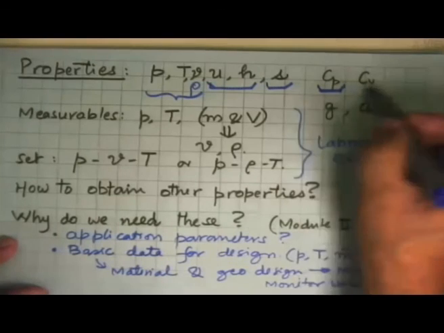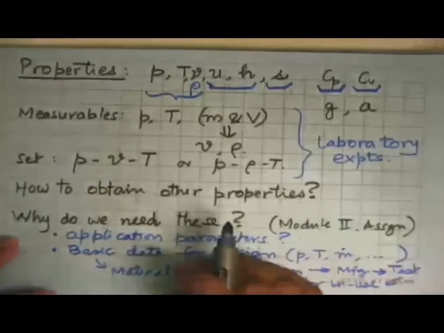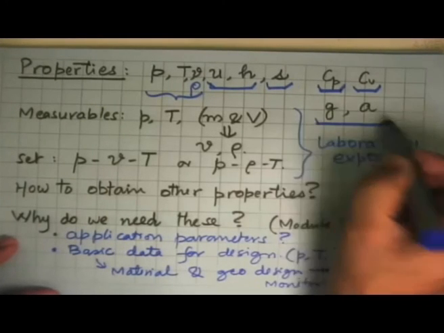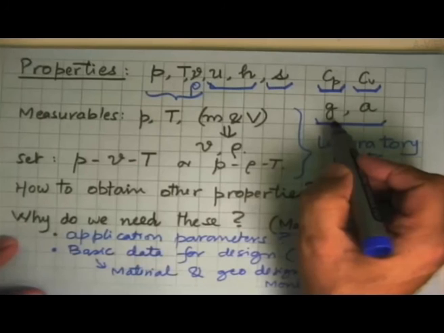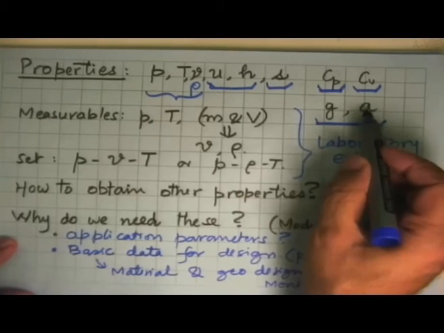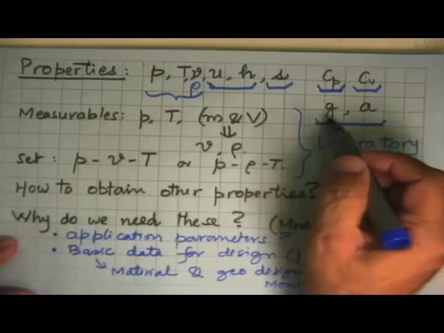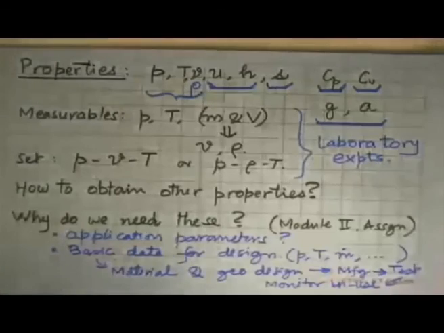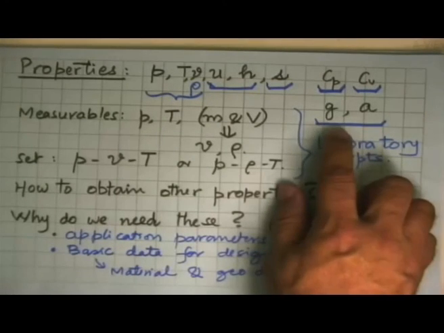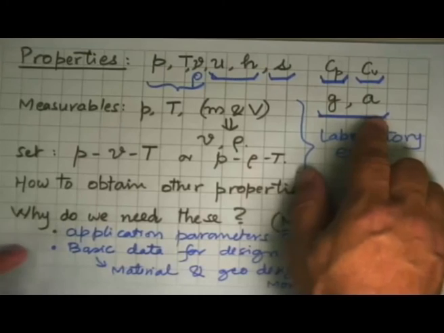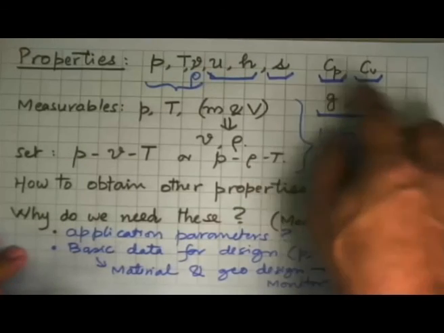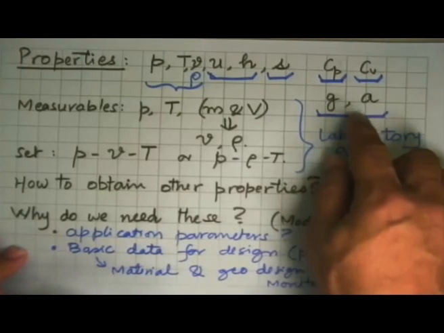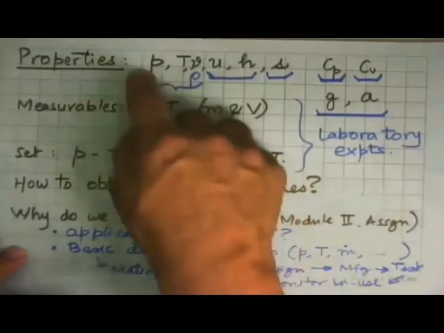One is specific heat at constant pressure, the other is specific heat at constant volume, and we'll briefly introduce two more properties. One is small g, which is called Gibbs energy, the specific Gibbs energy, and small a, the specific Helmholtz energy. So this will complete all the properties that we require, and the reason for introducing these two is that property relations, the way they evolve, they actually start off from here in one sense, in a mathematical way, and give us equations by which we can calculate all of these.